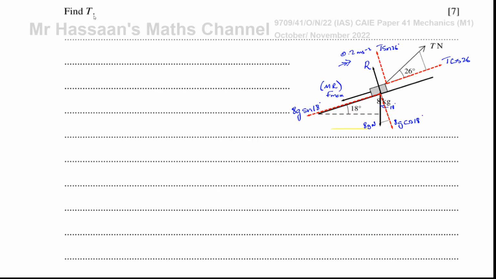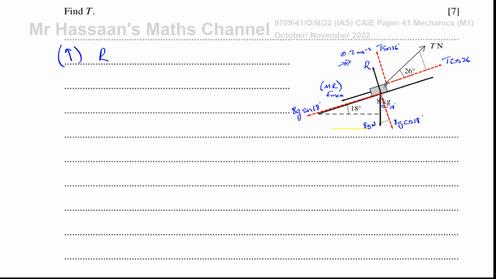Now we want to find what T is, so we're going to set up some equations to help us. First, I'm going to resolve the forces perpendicular to the plane, the forces acting in this direction. We have R acting up.